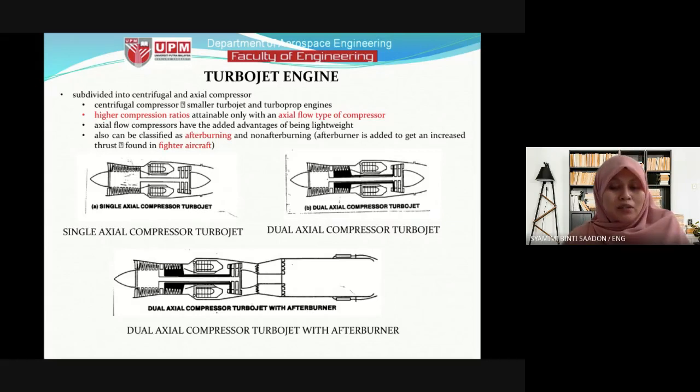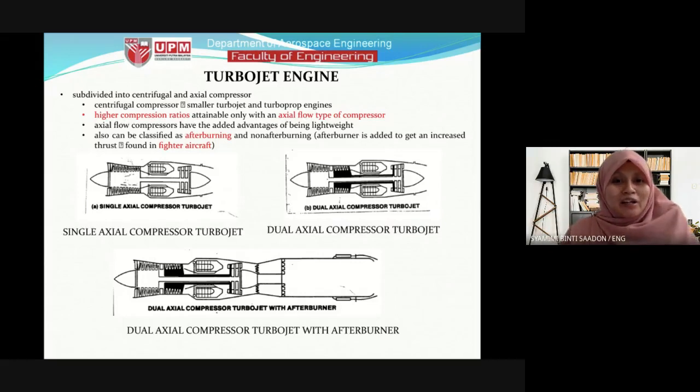So the fuel is burned twice. We are trying to increase the velocity, the kinetic energy of the engine, as much as possible. That's why we introduce the afterburner, another burner.